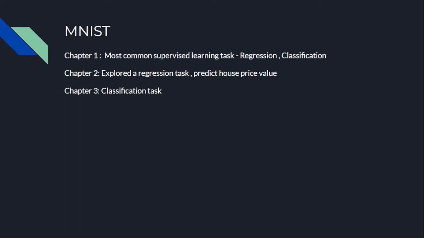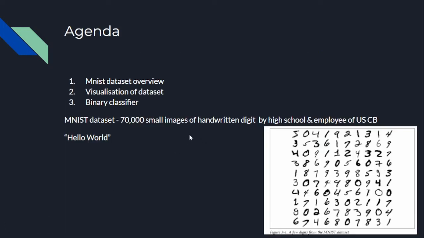Now in this classification task, what is the agenda today? For this we are using the MNIST dataset, which is a popular dataset in machine learning. For whoever wants to learn machine learning and data science, it's a kind of hello world problem, I can say.